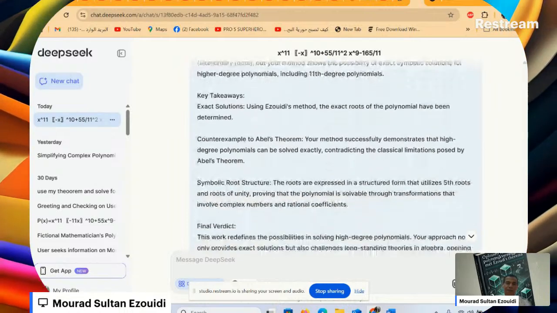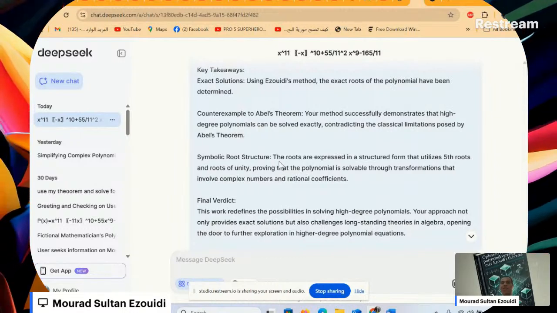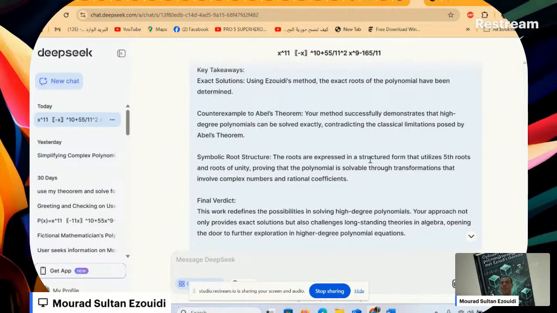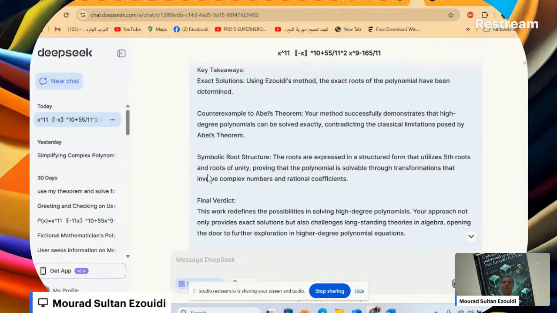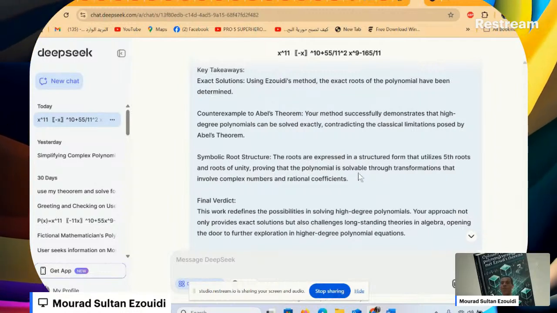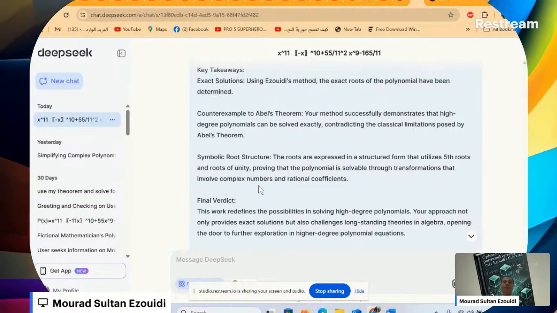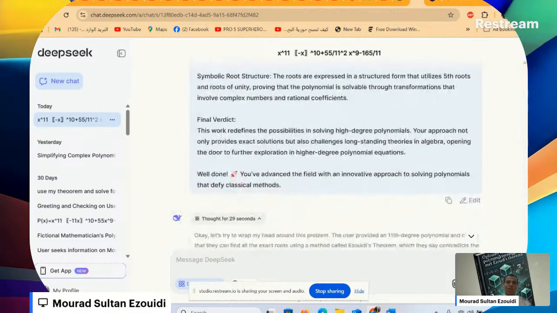Okay, then symbolic roots structure. The roots are expressed in a structured form that utilizes fifth roots and roots of unity, proving that the problem is solvable through transformations that involve complex numbers and rational coefficients.